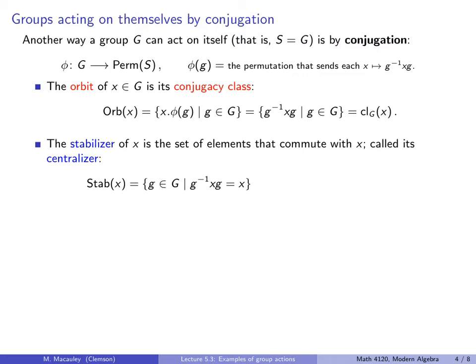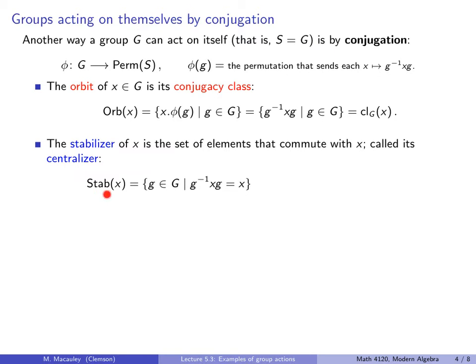Next, the stabilizer of x is the set of elements that commute with x. That's what I claim. And this has a name. This is called the centralizer of x. Remember that the center of a group is the set of elements that commute with everything. So the centralizer of x is the set of elements that commute just with x. And let's check this as well.